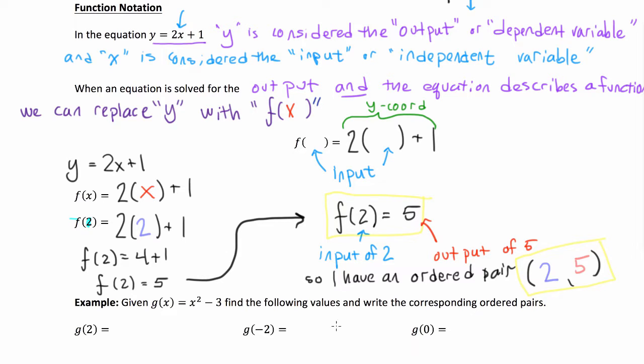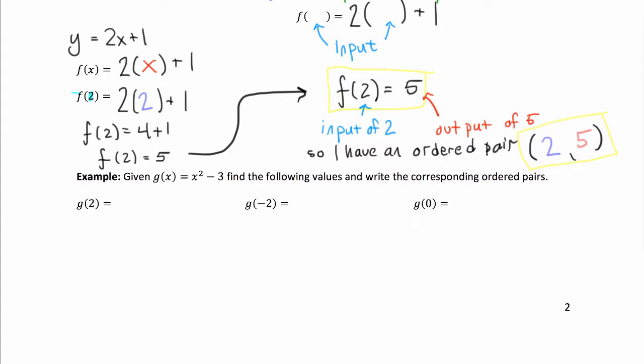So here's a couple more examples. We're going to look at some different inputs for this particular function that's described as g. Okay, so here, g of 2, and people get in a lot of trouble with negative signs here. So remember what that function is doing. What g of x does is it takes whatever the input is, squares it, and then subtracts 3.